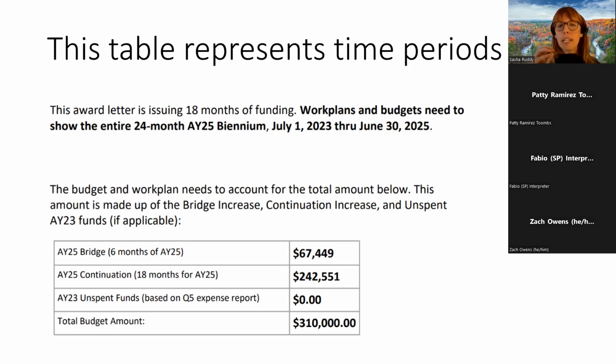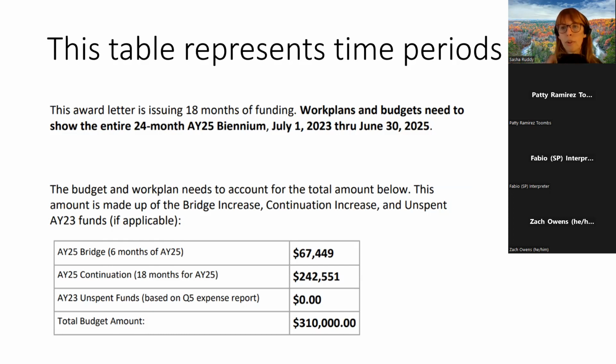But to piece this out a little bit more, these again are just time periods. So if we're looking specifically at the bridge period, which is the top row of this table, you might be funded under 2 different program elements during this period of time, which might be true for the other pieces of the table.